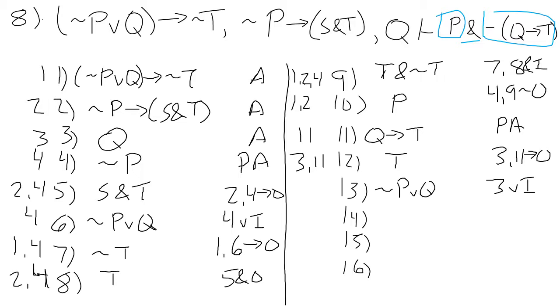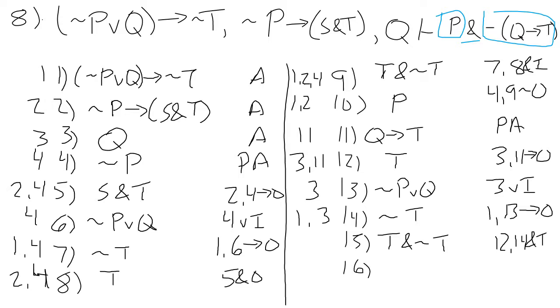So that's going to be 3. Then, let's see, we can toss this and get tilde T from 1 and 13, arrow out, 3. We can build our contradiction from 12, 14, and in, 1, 3, and 11.